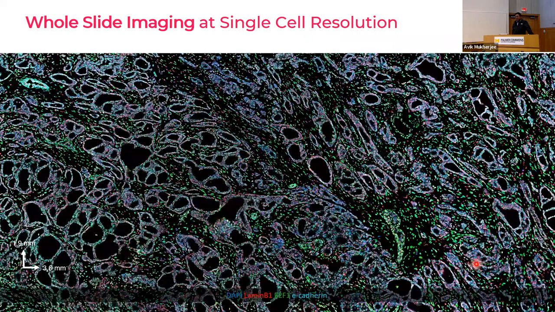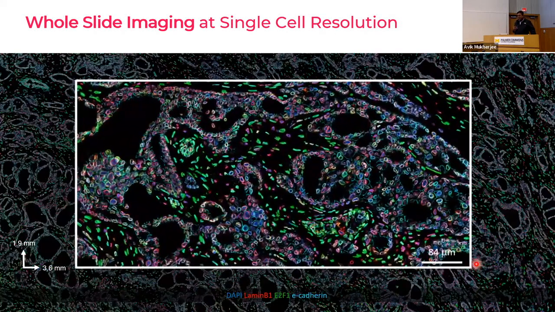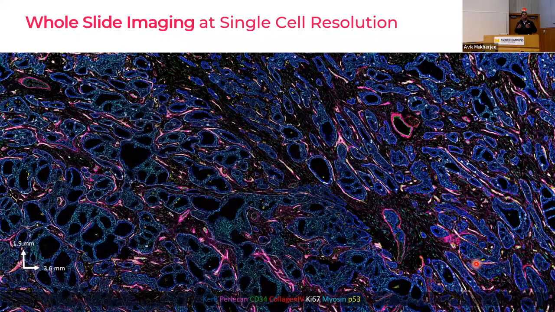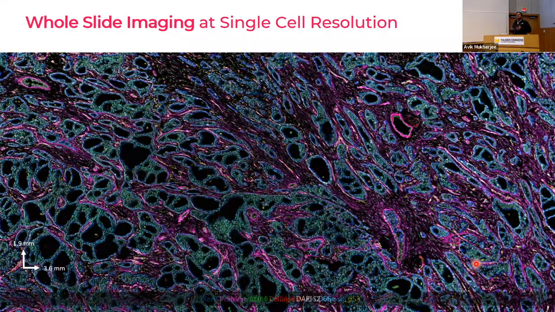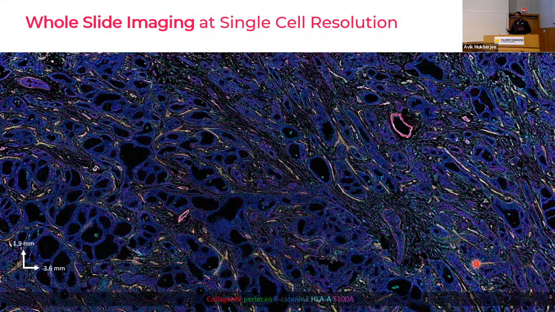And now, after the DAPI image, we have put in some markers on it. You can see lamin B1, E2F1, E-cadherin. Now, if you want, you can zoom in to more closely visualize the biology, or you can keep putting different markers. And you see that same piece of tissue you are imaging, but with 3 or 4 different markers added, it is showing you a new biology.